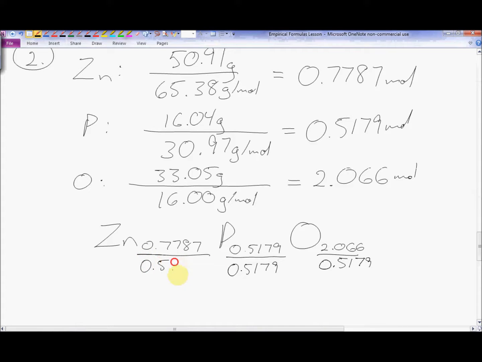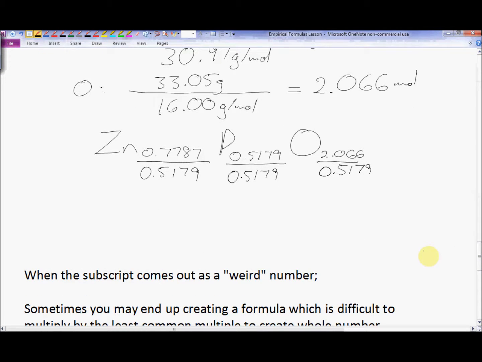Okay, and when we do that, we'll come up with a formula of zinc 1.5, phosphorus 1, and oxygen 4. Okay, so still not complete.